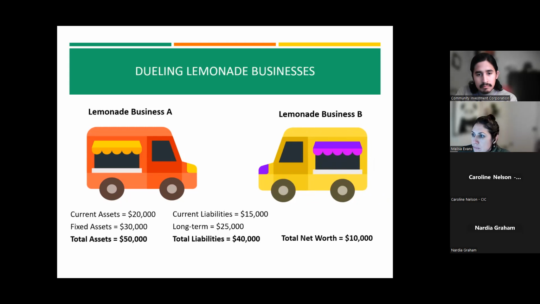So these are two other lemonade trucks that look the same at the moment, and we're trying to figure out which one to buy. As we saw in our first example, it's a little deceiving when they look the same. You need more information, and that is what the financial statements give you.